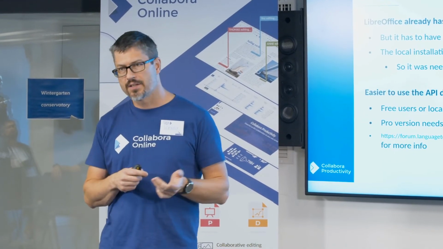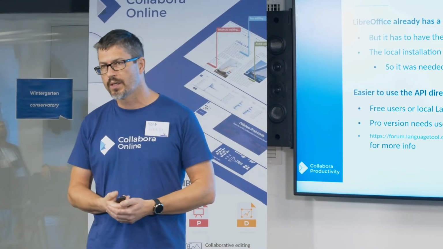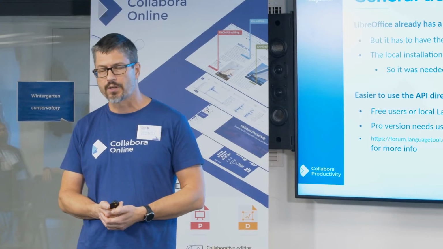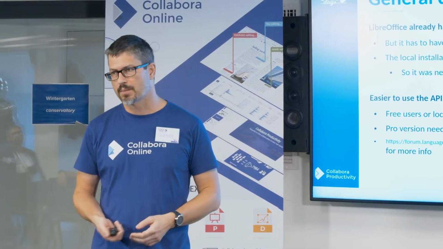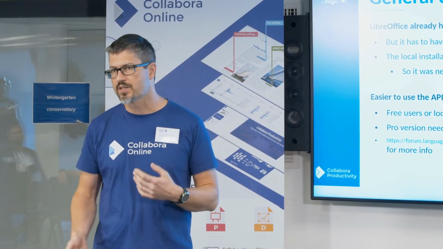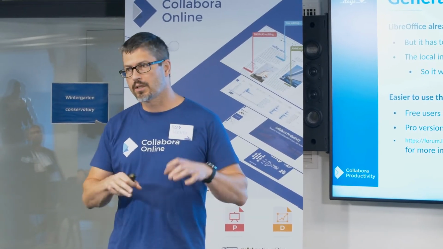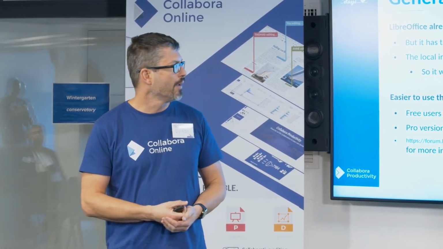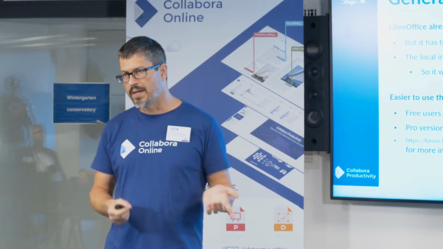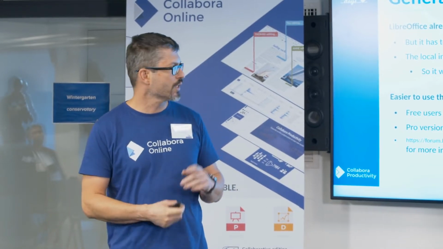Those are actually available only when you are using their web version, because they are using some new AI-based grammar checking and whatnot, and it is not in the local installations normally. So the main motivation for this was using their API.